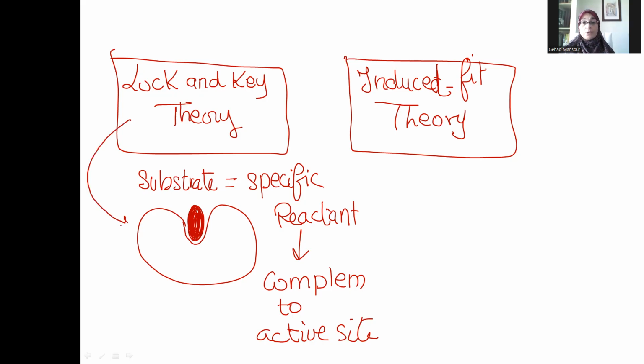The lock and key theory exaggerates that fitness and that complementarity and assumes that this molecule, for example molecule A, fits perfectly. So this theory assumes that there is perfect fitting between substance A, which is the substrate, and the enzyme molecule.